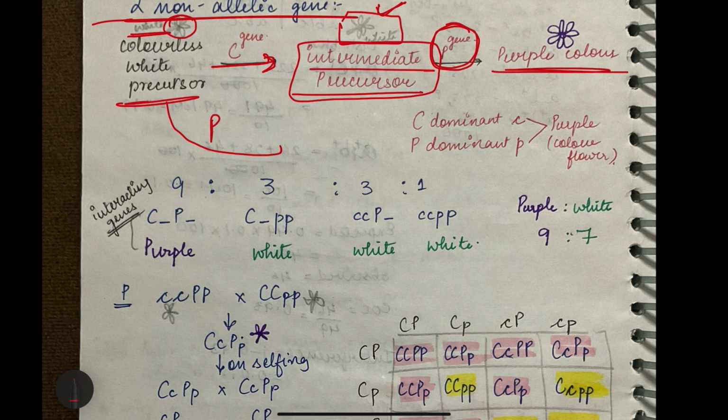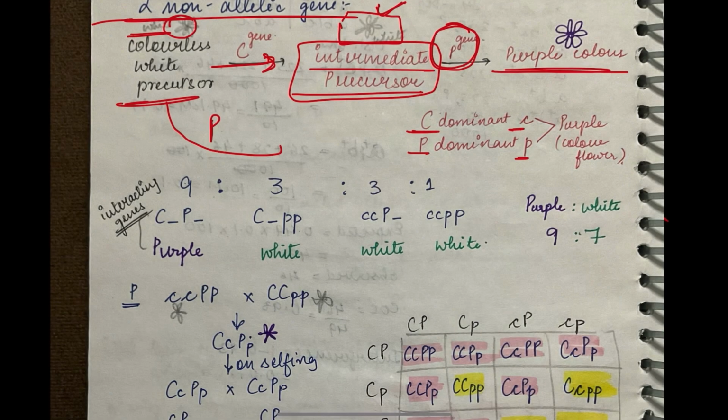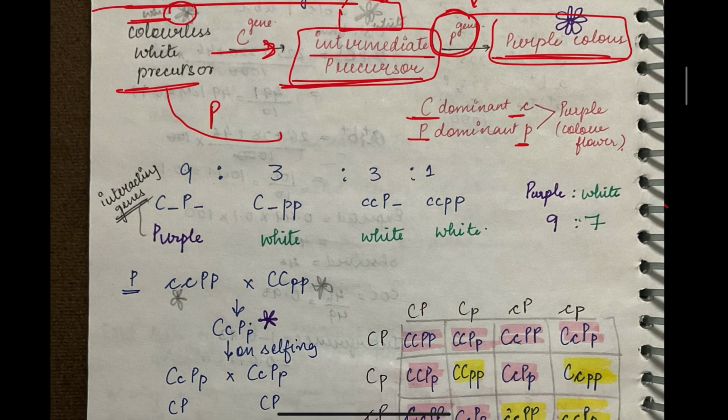See here, this is the dominant, this is the recessive, right? Here we will see that if the C gene acts, then it forms the intermediate precursor, and after the action of the C gene, the P gene acting over it shows a purple color offspring, right?